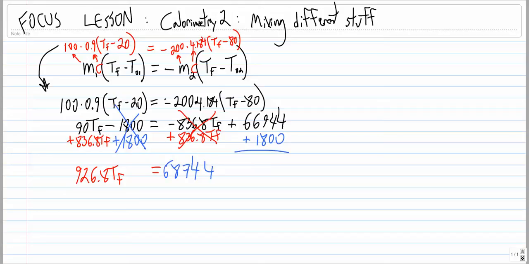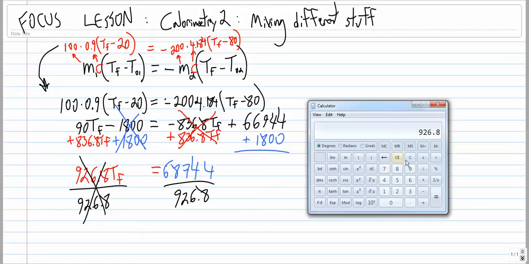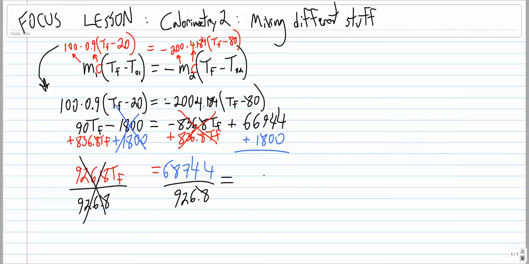And then the last thing to do is divide both sides by 926.8. That gets rid of it here. So we've got 68,744 divided by 926.8. And we get 74.2 degrees Celsius.